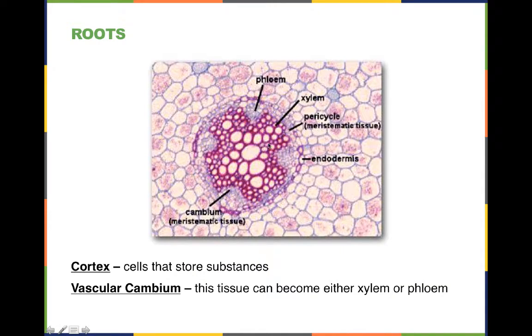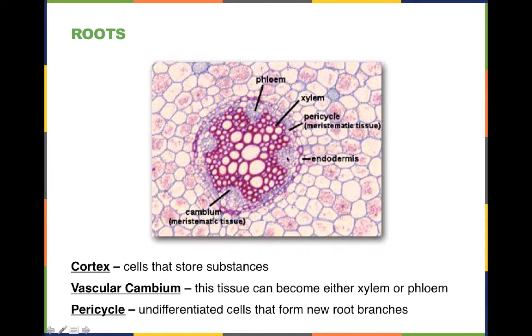The vascular cambium is this area here that contains the vascular tissue as well as the meristematic tissue that forms the new vascular tissue. And then the pericycle, which is on the outside here, around the outside of this area, and it has the undifferentiated cells that allow for branching of the root and forming of new roots.